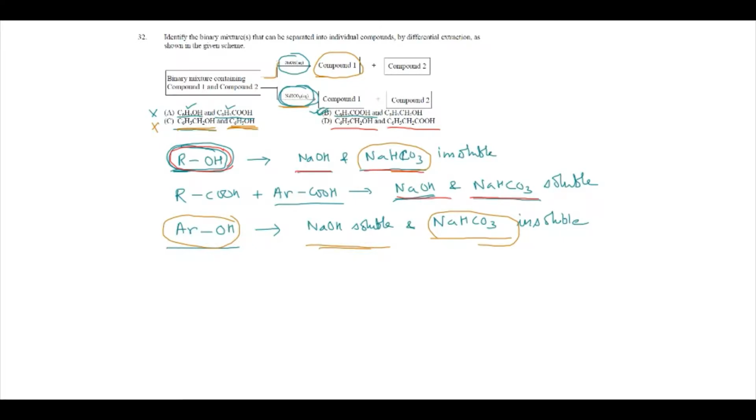So it can be separated using both the methods. That means we can separate it using a sodium hydroxide solution as well as a sodium bicarbonate solution. So option D is the correct answer. So option B and option D are correct for this question.